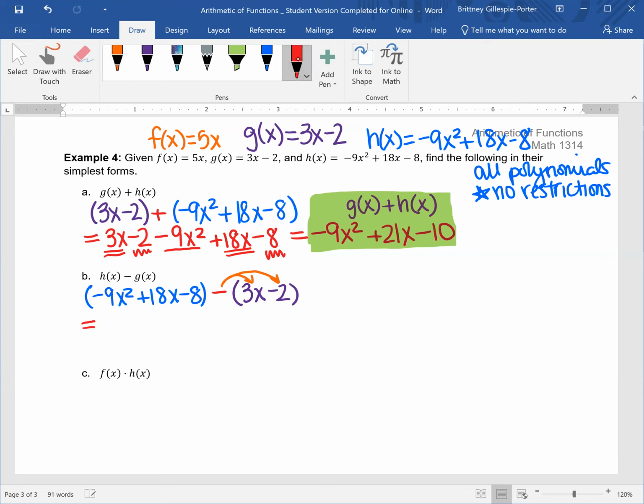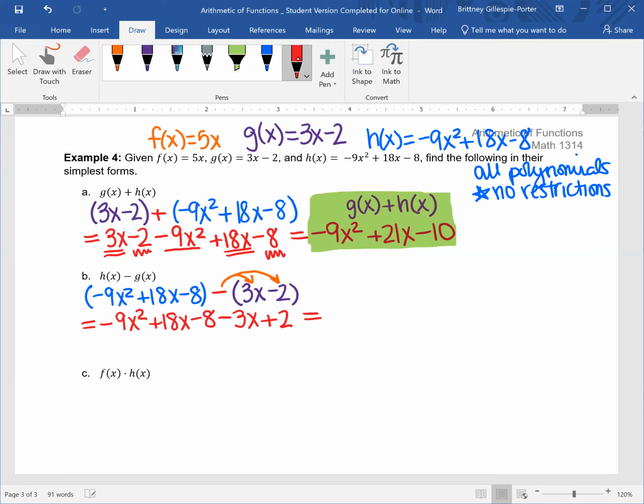For h of x, there's nothing out front, so I can drop the parentheses and just write down my negative 9x squared plus 18x minus 8. But I need to remember 3x plus 2 because I have a minus and negative.